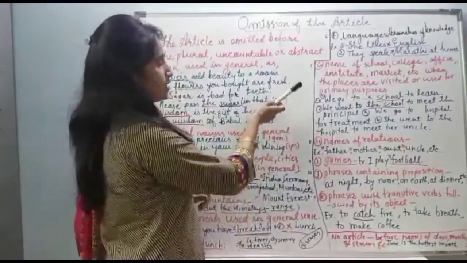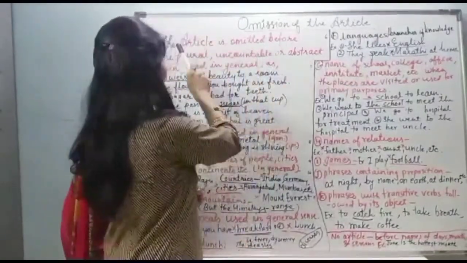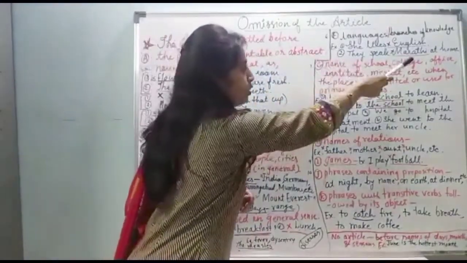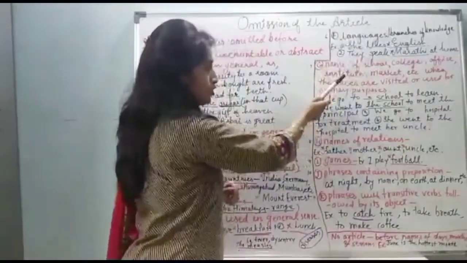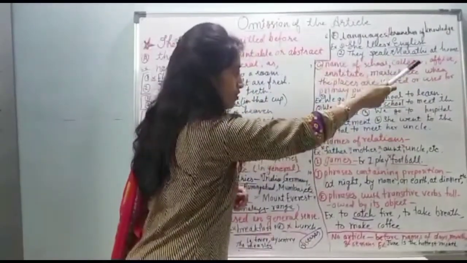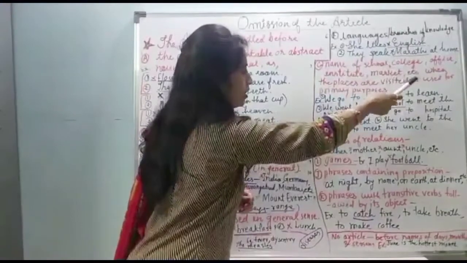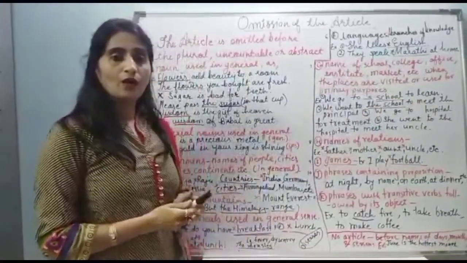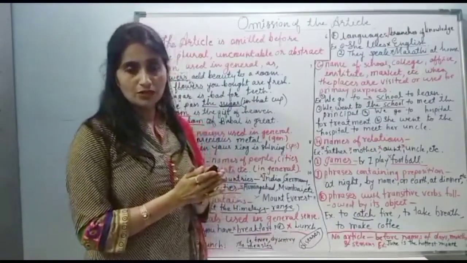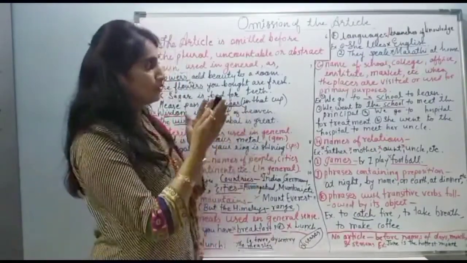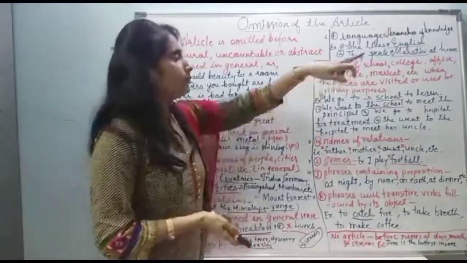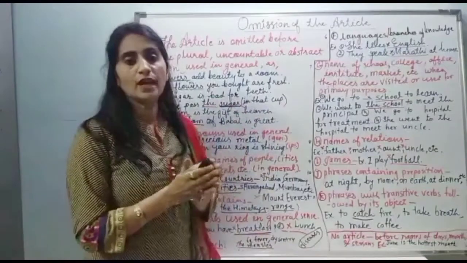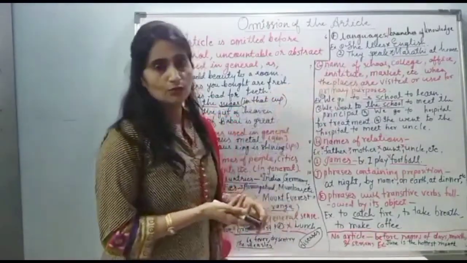The next one, the seventh rule, is the article is omitted before the name of school, college, office, institute, market, etc. when the places are visited or used for primary purposes. Okay, many times we get confused whether to use the or a before these nouns, or not to use any article before these nouns.